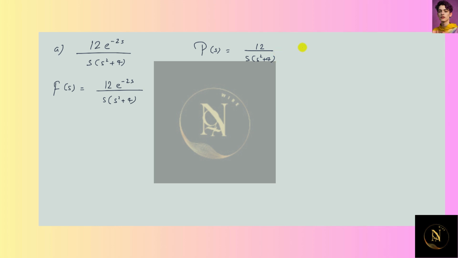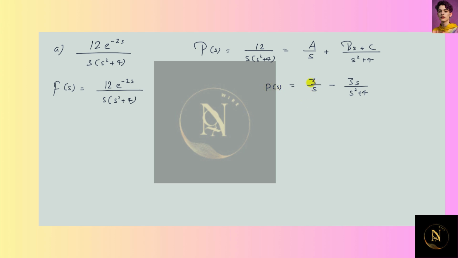Now using partial fractions, this term can be written as A/s + (Bs + C)/(s² + 4). When we solve for A and B, this is written as 3/s − 3s/(s² + 4), and C equals 0.